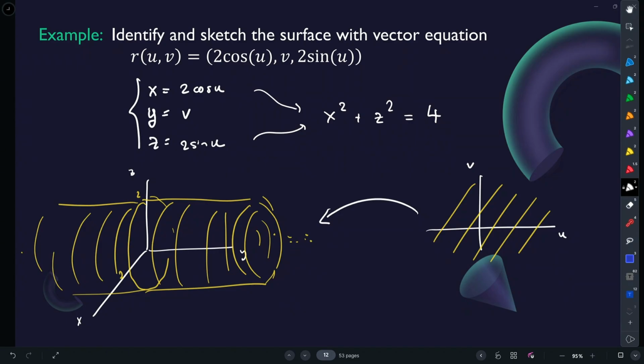In u, as you go along in u, if you fix a v, what is happening? If you fix a v, what is this line in the cylinder? Suppose like here v is 1.